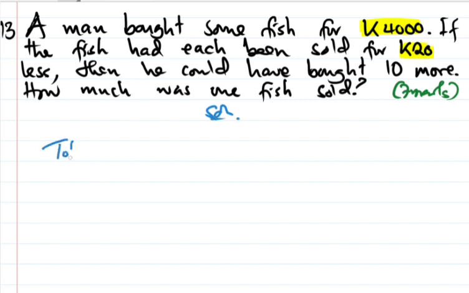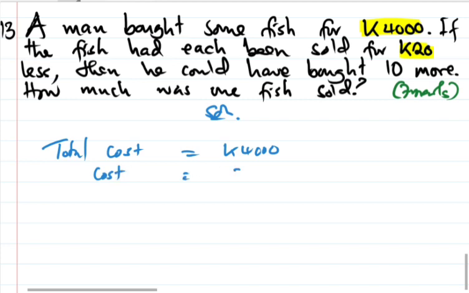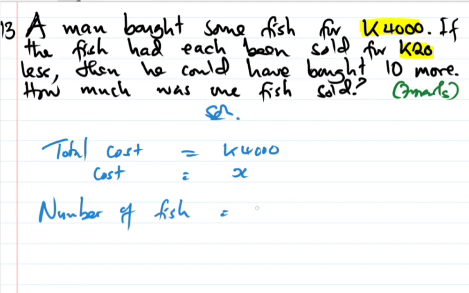Total cost, the 4,000 dollars. You see? Now the cost of fish we don't know how much, so let's put x. The number of fish is total cost divided by cost of each fish. So it will be 4,000 divided by x.